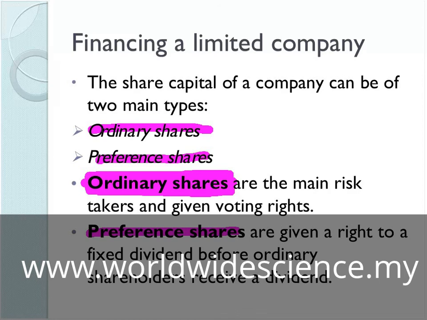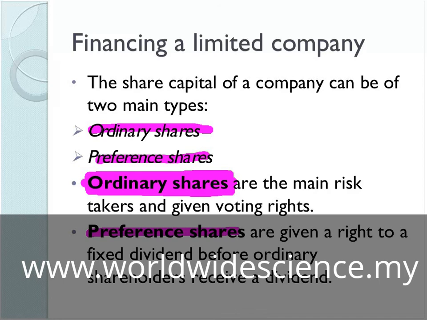But preference shareholders do not have this kind of rights. They also have a different kind of dividends. The preference shares have fixed dividends each year. For example, maybe 20% dividends they get each year.